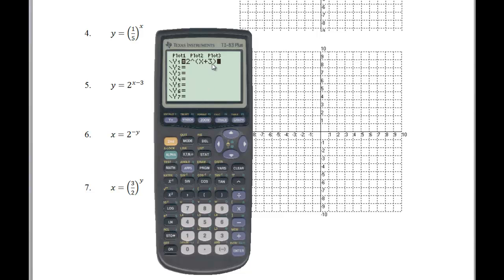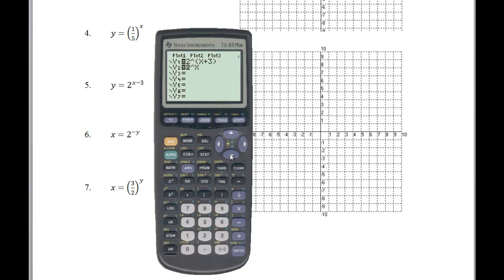Now will this be shifted 3 up, 3 down, 3 left, 3 right? And if you guessed 3 to the left, you would be correct, because the graph is shifted 3 to the left from where it normally is. So if I take a look at the graph without the shift, let's just type in 2 caret x, you can see the first graph was shifted 3 to the left from the original parent graph right here.